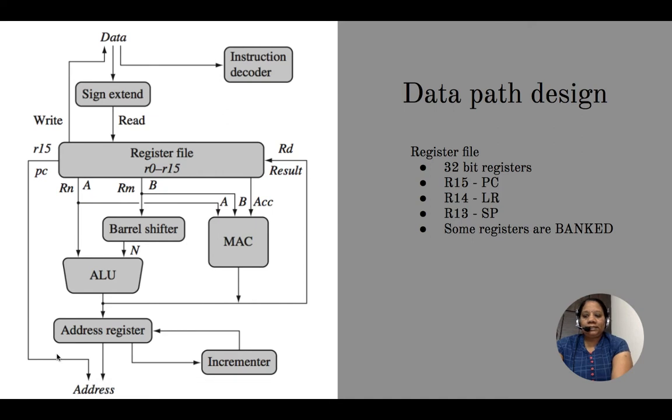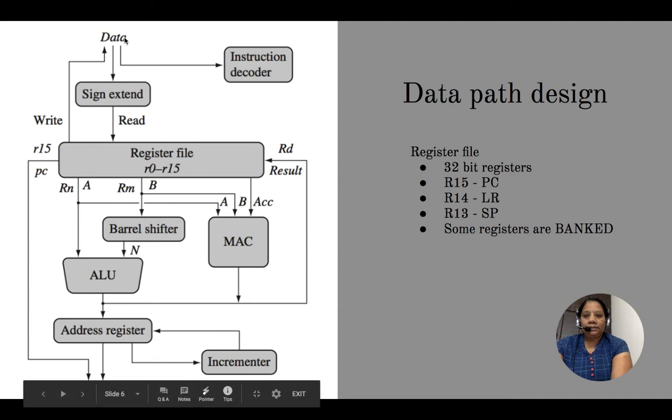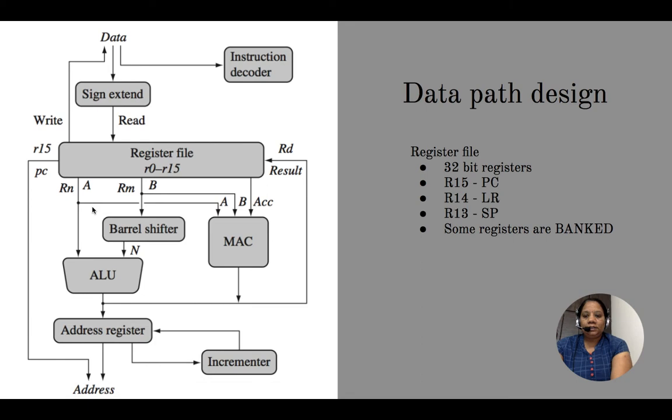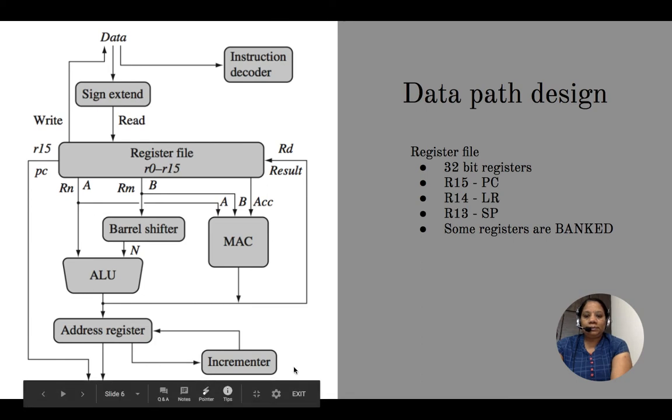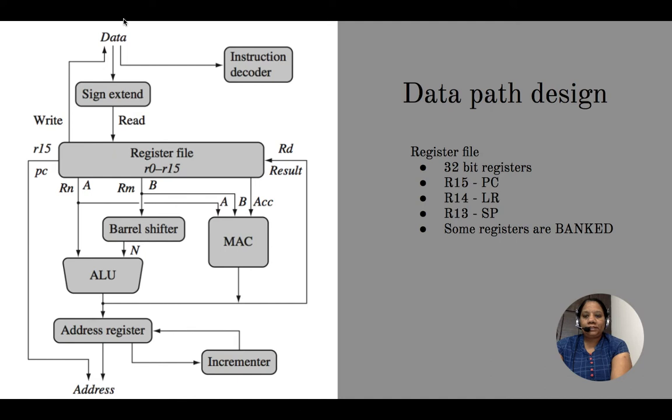Then the instruction is fetched from the memory through the data bus. Here you can see the data bus. Let us assume that there is a memory here. Once the address is put on the address bus, the address goes to the memory, fetches the instruction, and then the instruction is put onto the data bus.